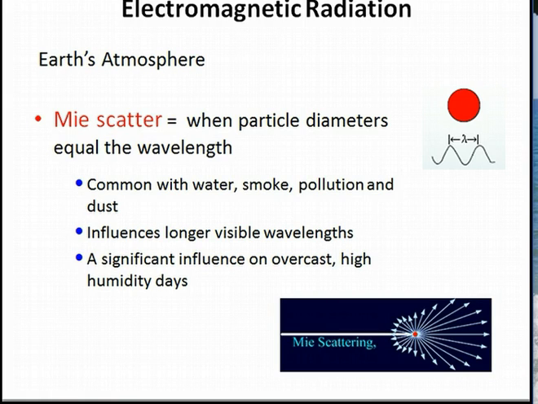All of these things are about the same size as many of the visible wavelengths. In terms of remote sensing, what this tells us is that when we do have high humidity days or high pollution days, we know that it's not only going to be those shorter blue bands that are going to be scattered, but now we have to also start thinking about our green and our red bands as well that are going to be impacted by the Mie scatter.